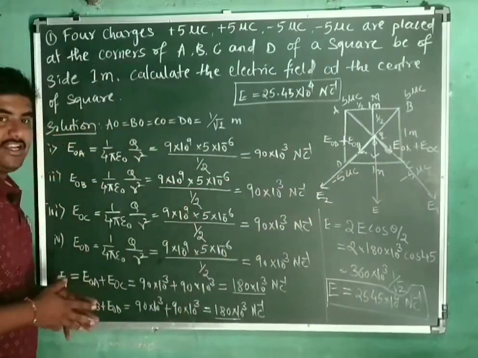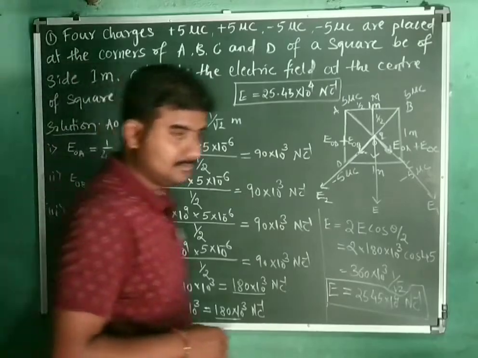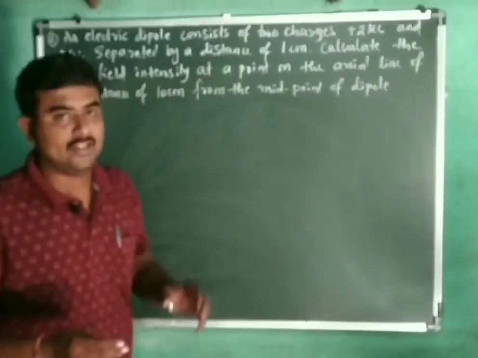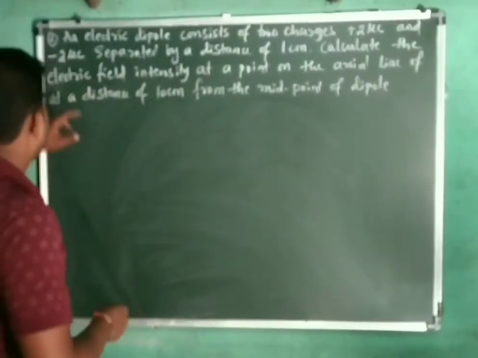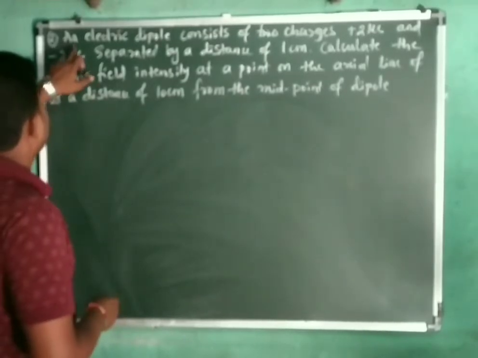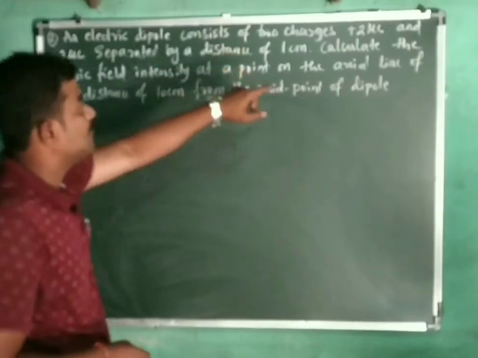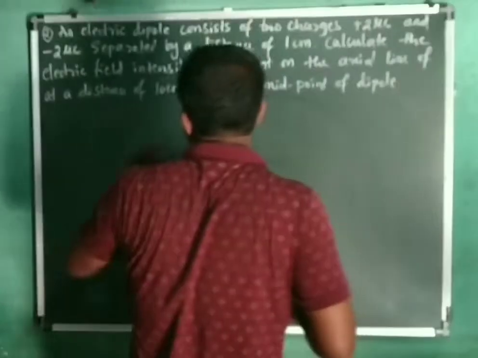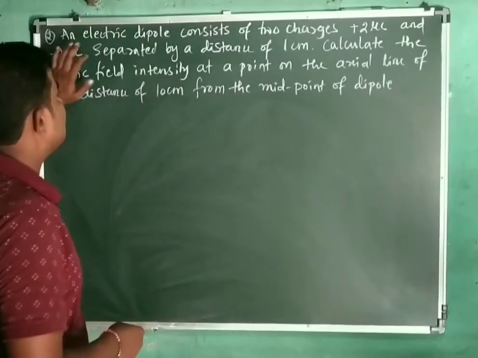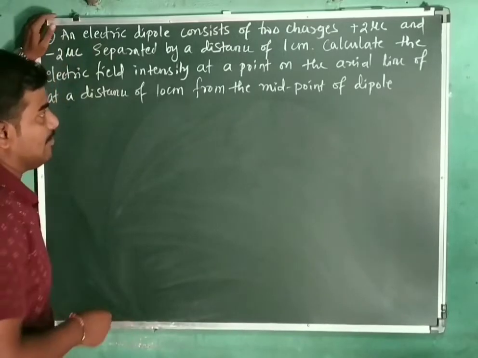You can take a screenshot. This is our second numerical. Look at the numerical. An electric dipole consists of two charges, plus 2 microcoulomb and minus 2 microcoulomb, separated by a distance of 1 centimeter.